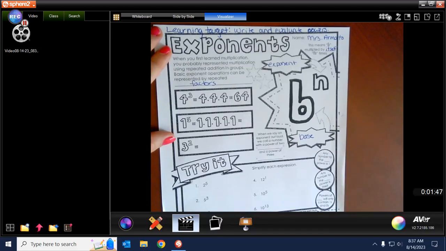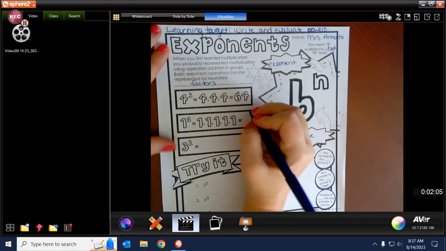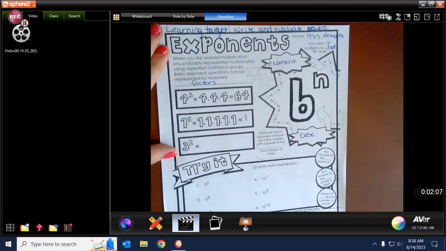So it's 4 multiplied by itself 3 times, so 4 times 4 times 4, which equals 64. 1 to the 5th power is 1 multiplied by itself 5 times, 1 times 1 times 1 times 1 times 1, and that is still 1.